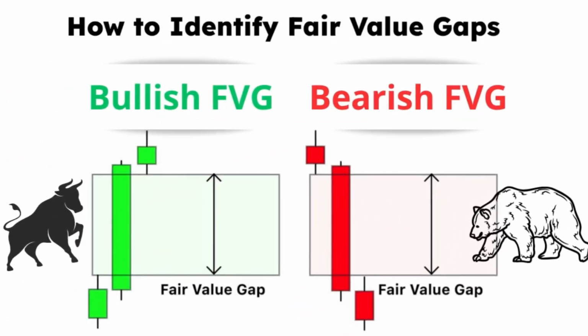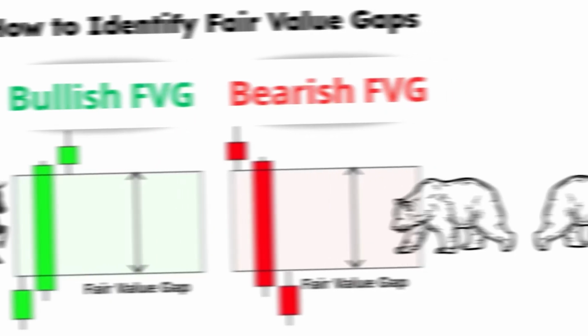All right, so we're literally starting off with what is a fair value gap. We call them FVG for short. It's literally a gap that happens when price moves so quickly in one direction that it leaves behind what we call an imbalance. This is where buyers and sellers didn't transact fairly, right?